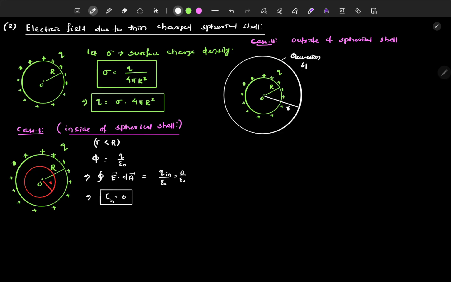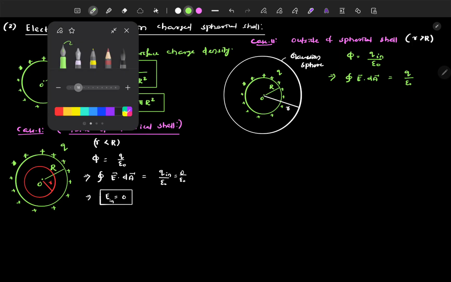For the outside case, small r is greater than capital R. So in this case, inside the Gaussian sphere, the total charge is enclosed. Again, we write phi is equal to Q enclosed divided by epsilon naught, and phi is the closed integral E vector dot dA vector, equal to Q divided by epsilon naught.